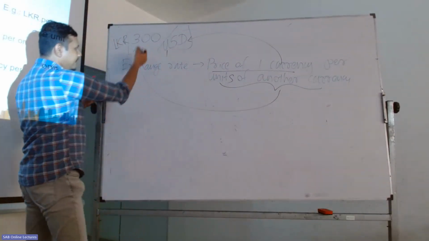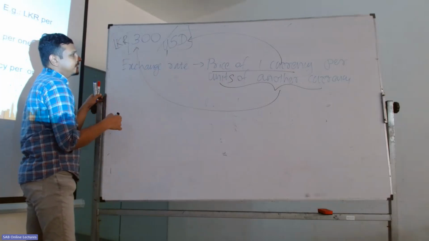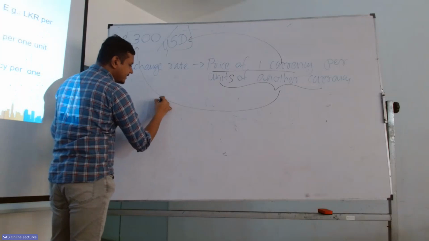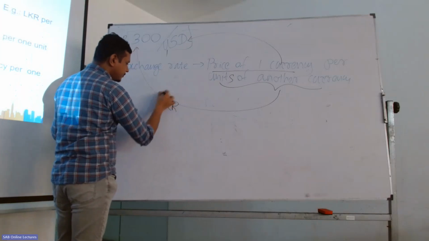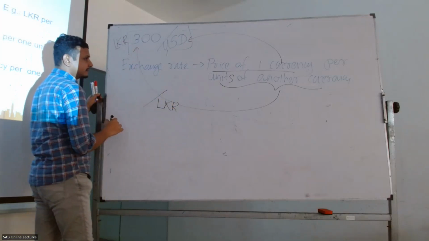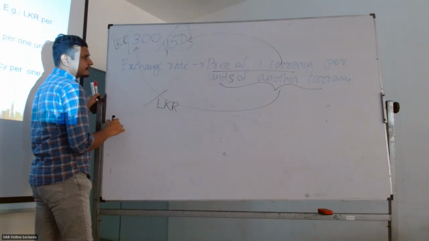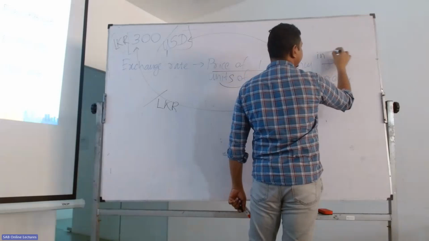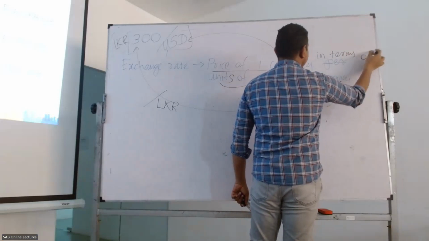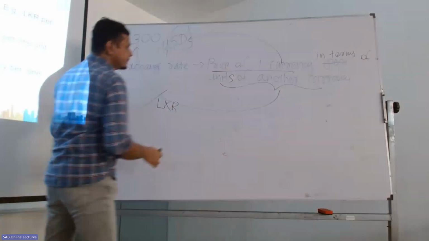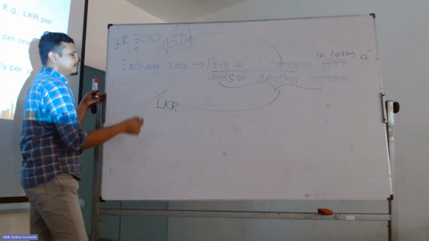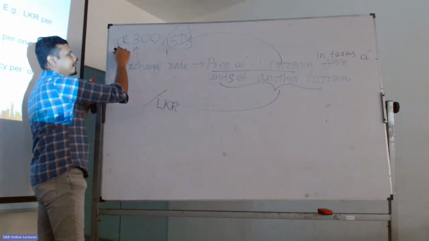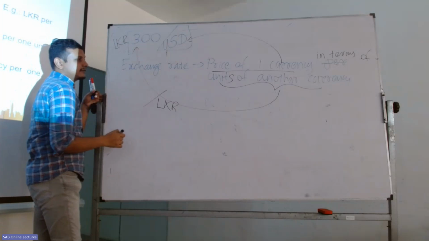We can express the same thing the other way around also. Price of one LKR. Price of one currency in terms of units of another currency. So here, the price of $1 in terms of LKR is 300 LKR.